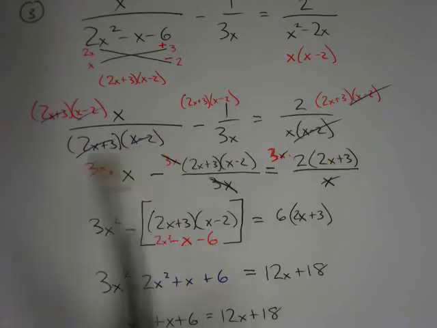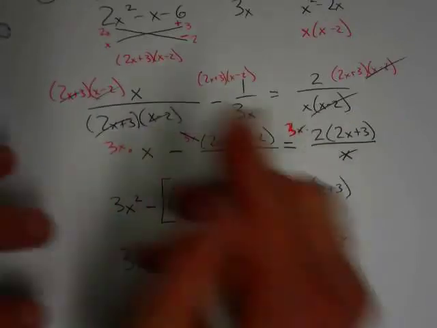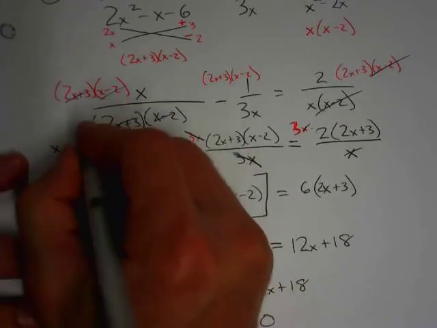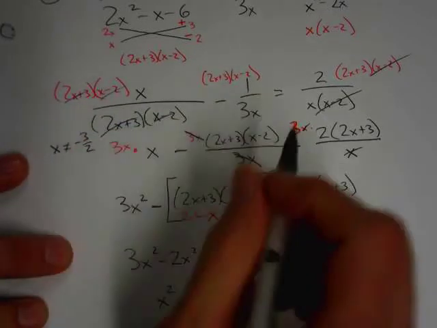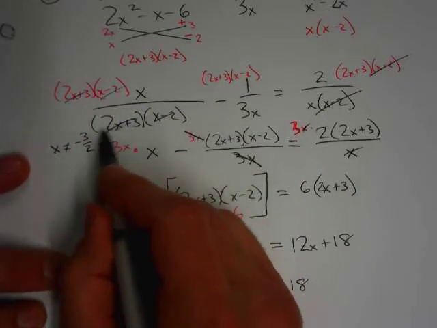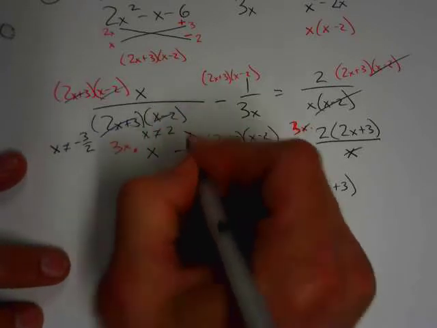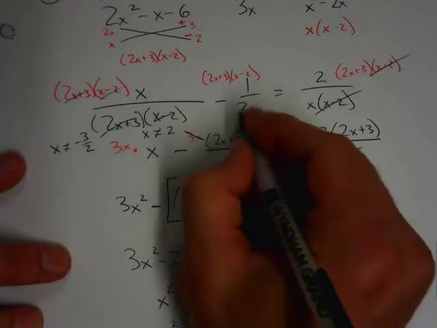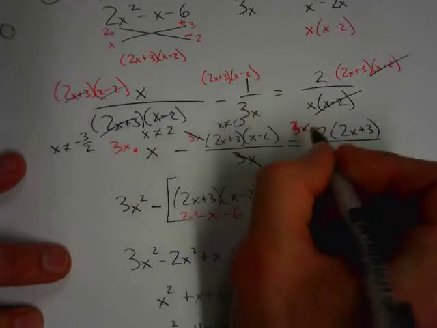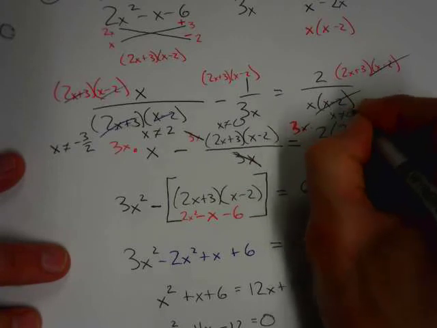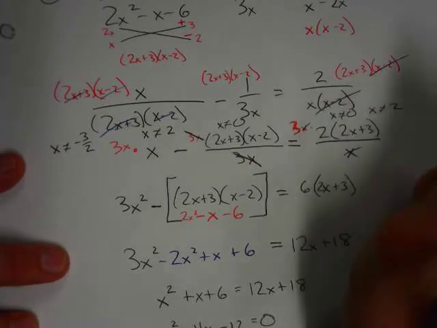Okay, so if you remember we factored the first number, we see that x cannot equal negative 3 over 2. So if we set this equal to 0, x cannot equal negative 3 over 2. X cannot equal positive 2. In this denominator, x cannot equal 0. And this denominator, we've already set that x cannot equal 0 and x cannot equal 2.